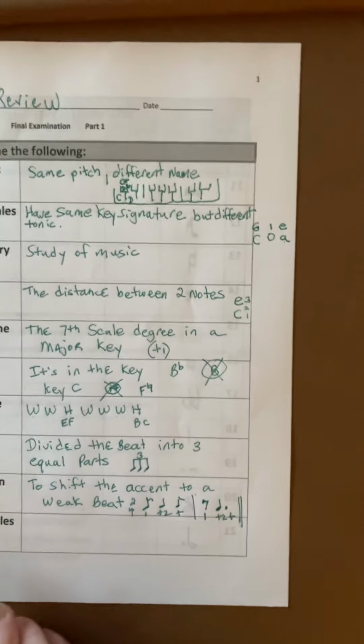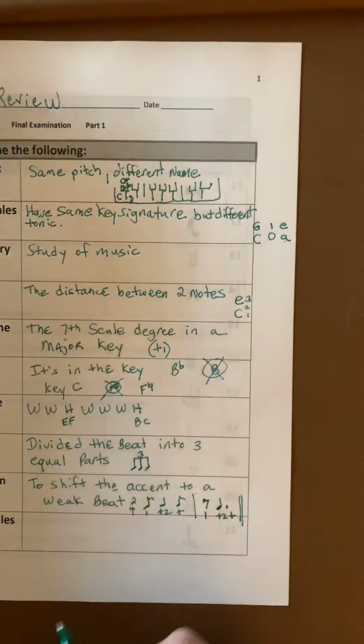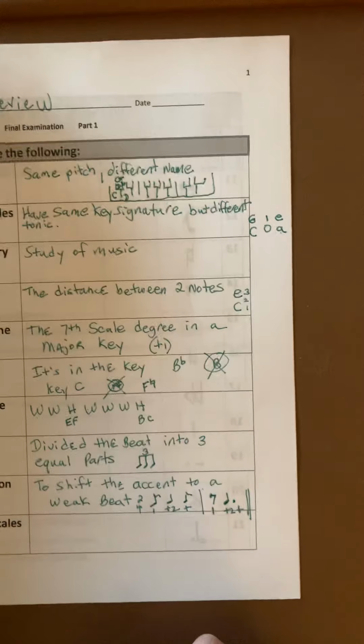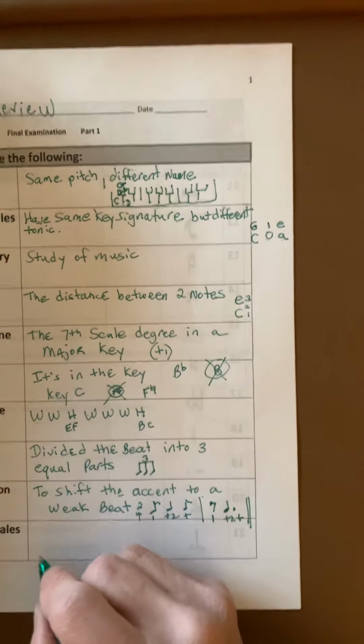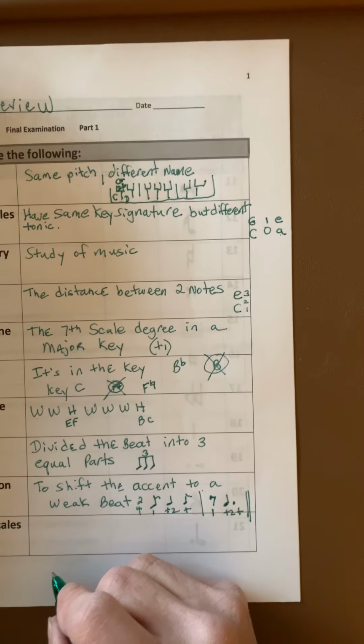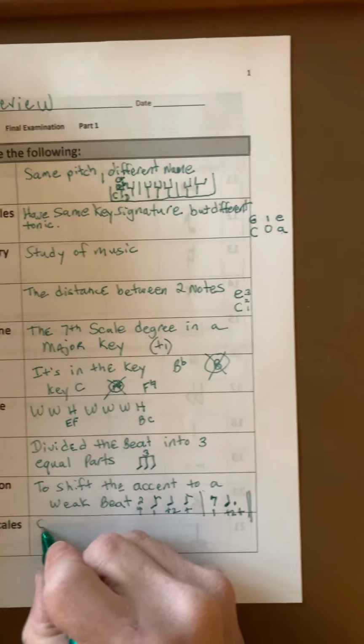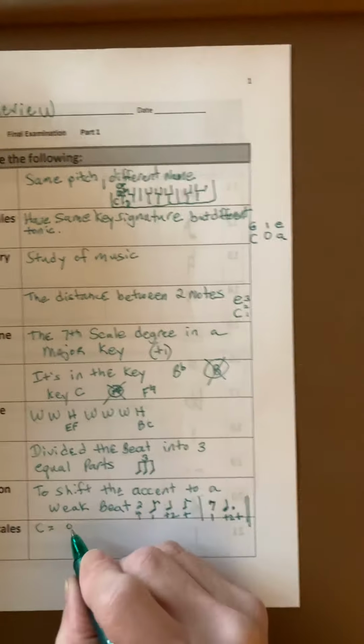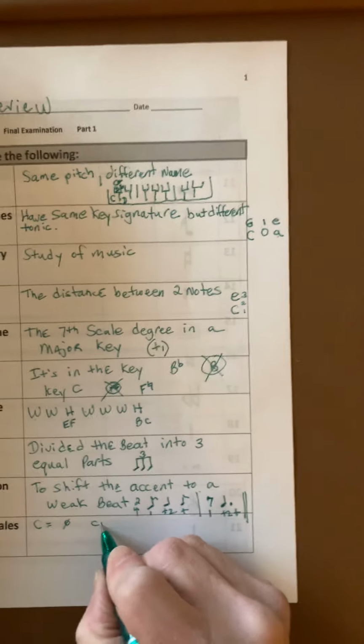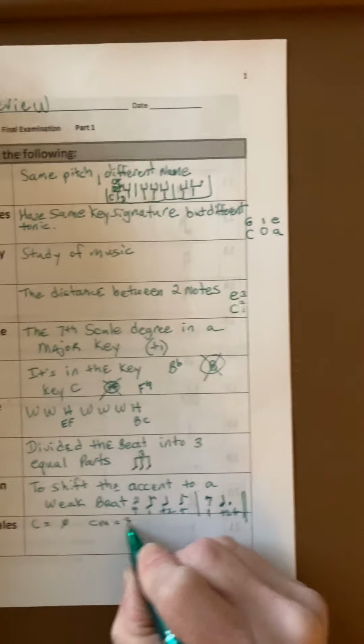Okay, parallel scales. Parallel scales are the opposite of relative scales, right? They're like C and C minor. C equals no sharps or flats, right? And C minor equals 3 flats.